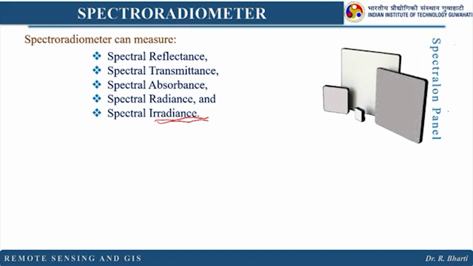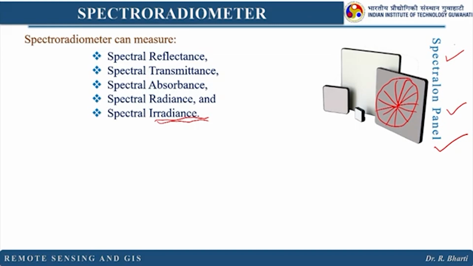These are basically Spectralon panels. They have the capability to reflect an equal amount of light in all directions, right. So they are isotropic in nature. If you use this particular Spectralon panel to measure your irradiance, then what do we call it? We call it downwelling radiance.